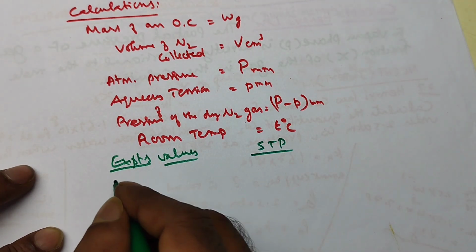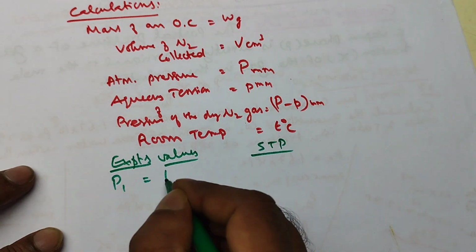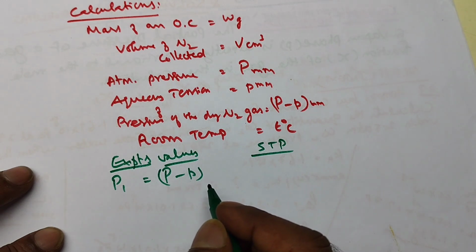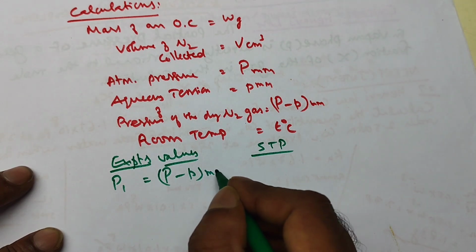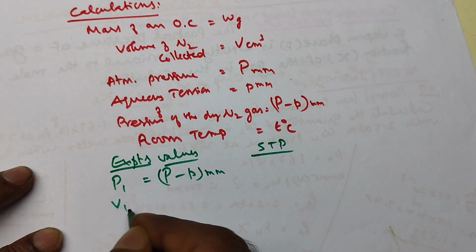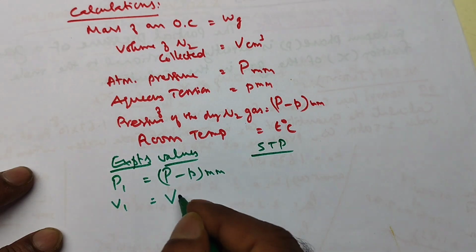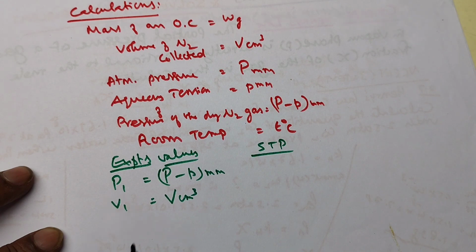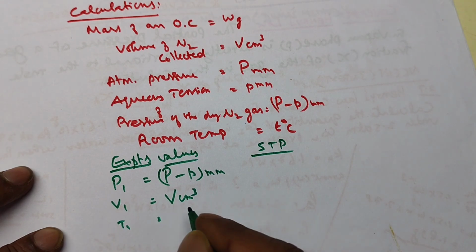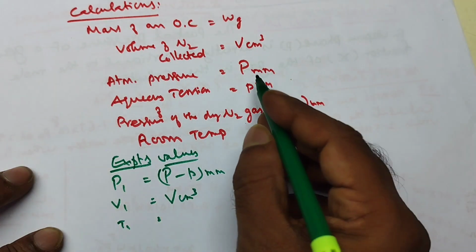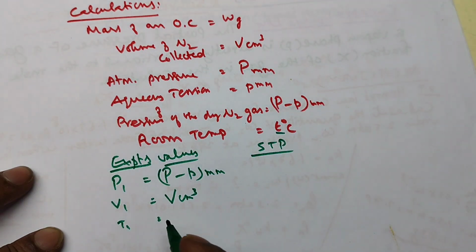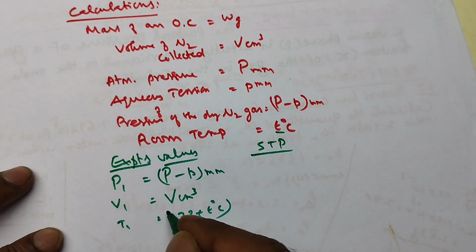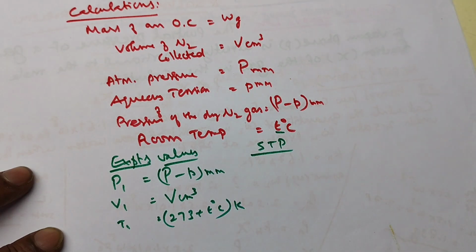P1 is capital P minus small p, the pressure of the dry nitrogen gas in millimeters, V1 is V centimeter cube, the volume of nitrogen gas collected, and T1 is the temperature, which is given in centigrade, so we have to convert it to the Kelvin scale by adding 273 plus degrees centigrade.